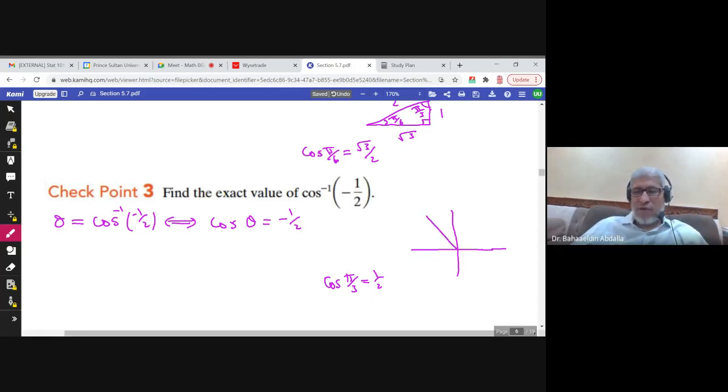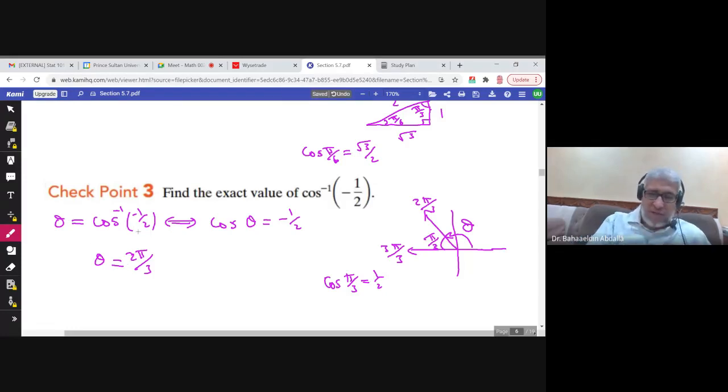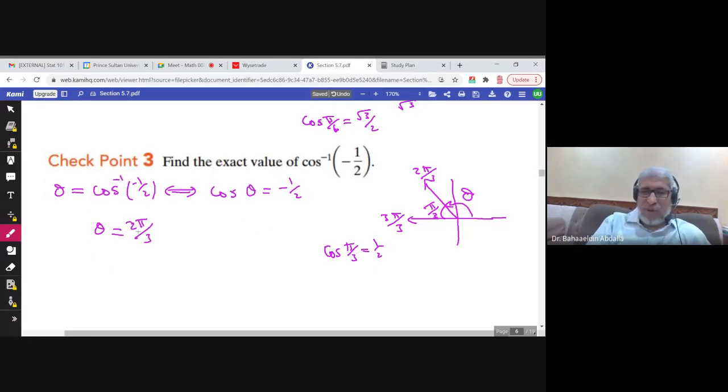So if we are in the second quadrant and the reference angle is pi over 3, then this would be the angle theta, because this is 3 pi over 3, so theta is 2 pi over 3. And if you use the calculator, this would be the answer. Cosine inverse negative half would be 2 pi over 3.